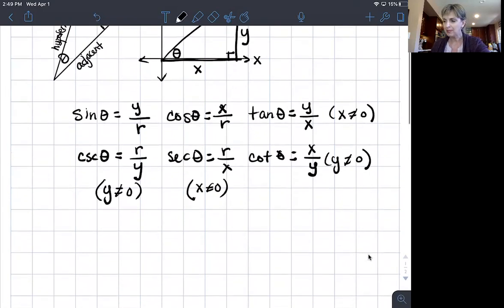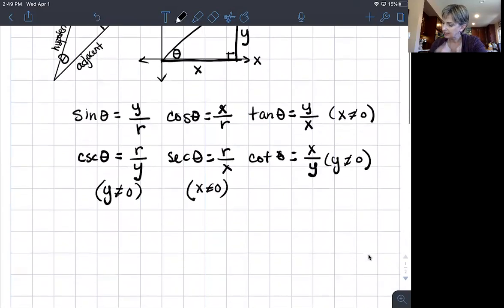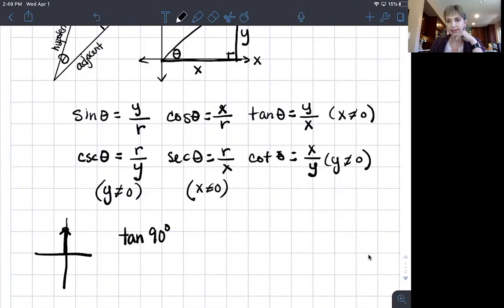So what that means is, for instance, if I had the angle 90 degrees and I want to take the tangent of 90 degrees, I'm looking right here. This is my angle. Tangent is y over x, right?